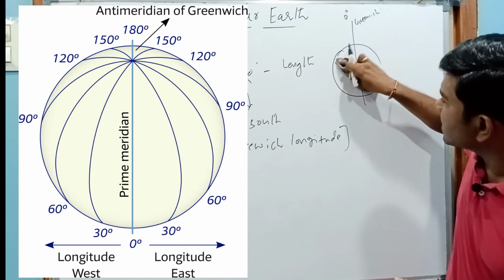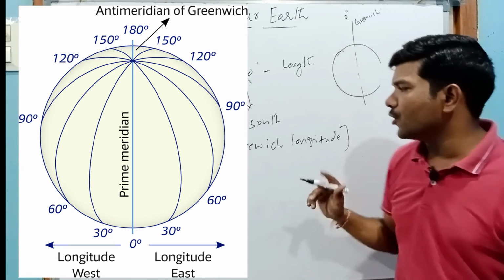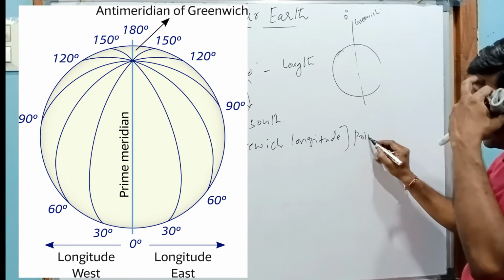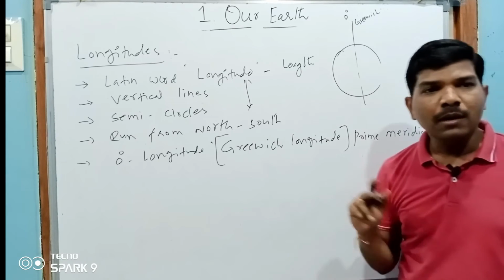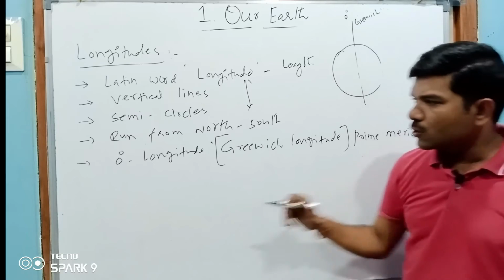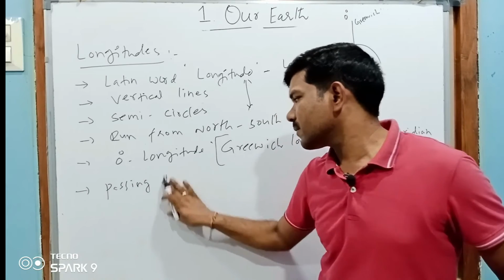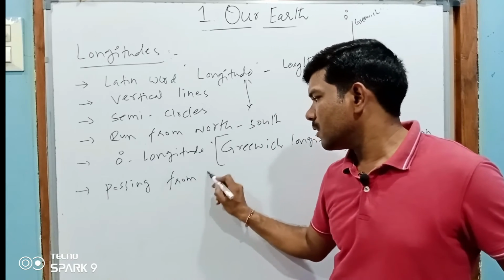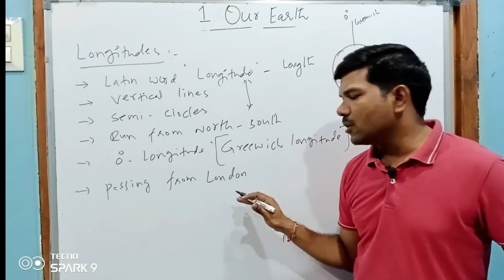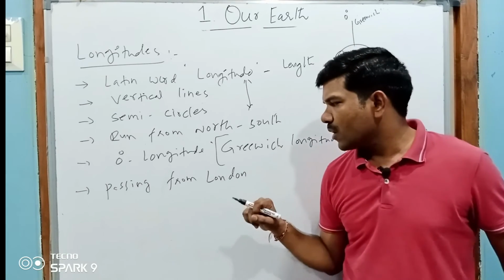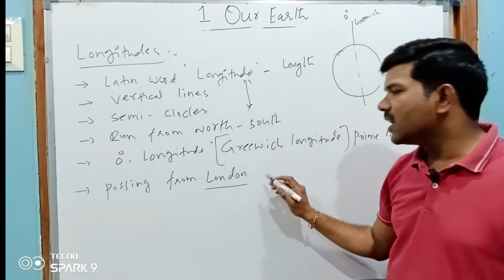The Greenwich longitude is also called the prime meridian. దీనికి ఇన్ని పేర్లు ఉన్నాయండి. This is passing through London, where there is an astronomical observatory at Greenwich.